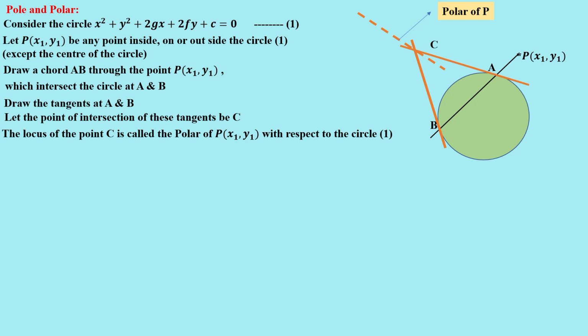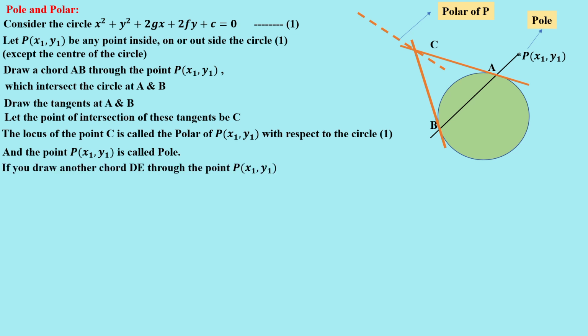That is the polar of P, that is the path of C. And the point P(x1, y1) is called the pole.